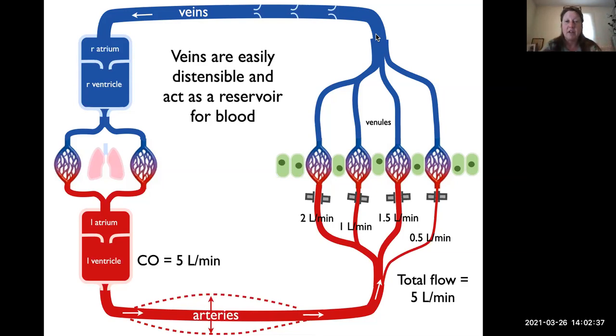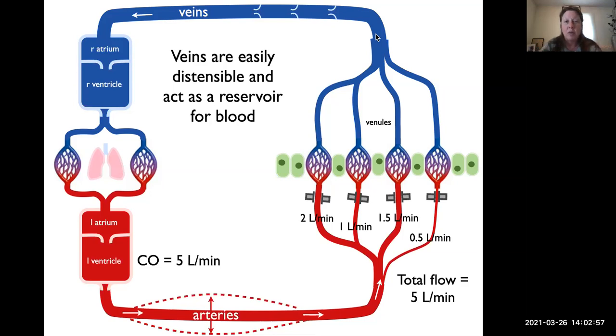And the purpose of being stretchy or distensible is to allow the veins to act as a reservoir for blood. A reservoir is a space where we hold extra of something, just like a water reservoir that serves a community.